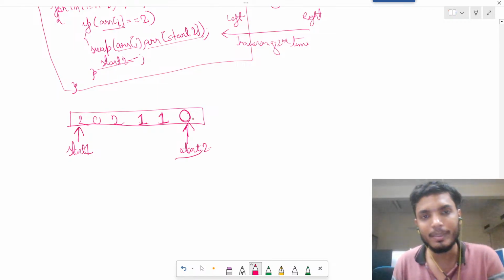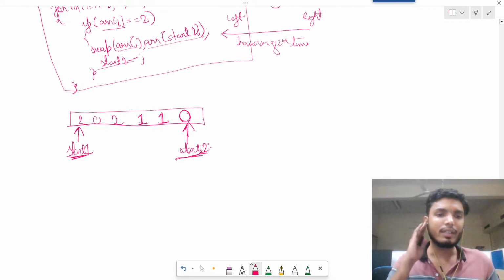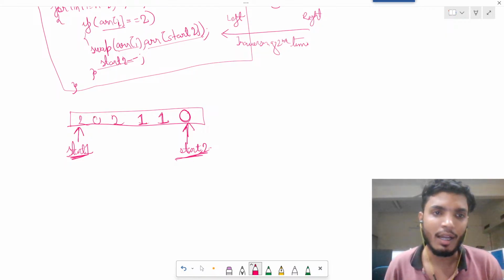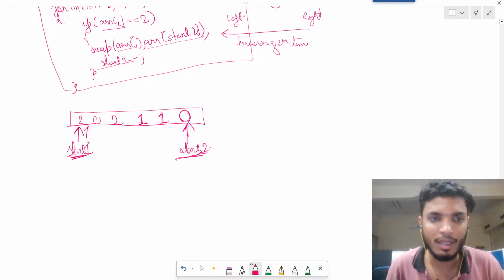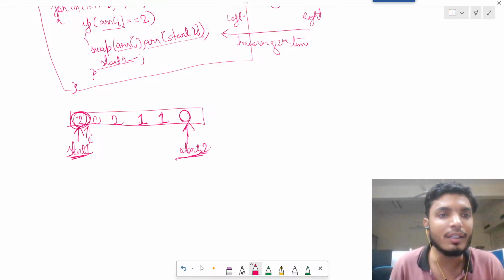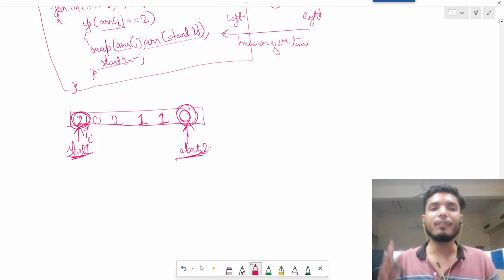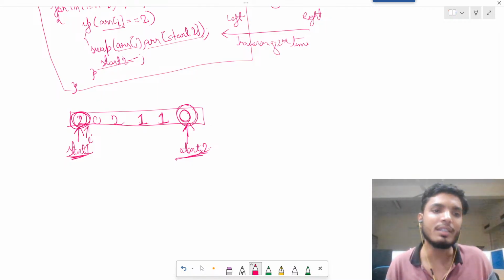All the zeros will be here, and all the twos should be at this point. So suppose I am traversing from this position i. If I am getting any 2, I will move that 2 to this position. Simple. If I am finding any 0, I will move it to the start1 position.